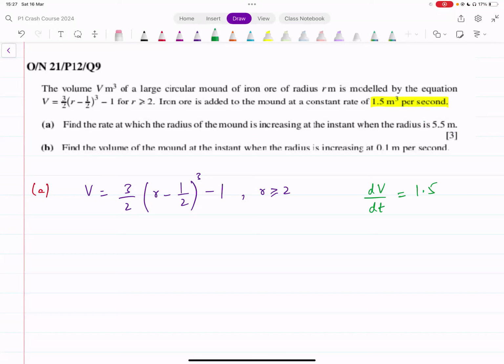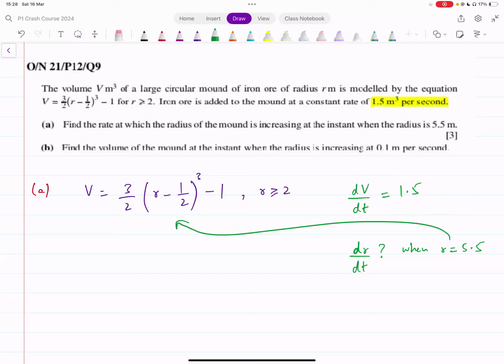So what we want to find is the value of dr over dt when r equals 5.5. That is what we're looking for. Now, please don't input this value of r here directly. That is just going to give you the value of volume at that particular radius.